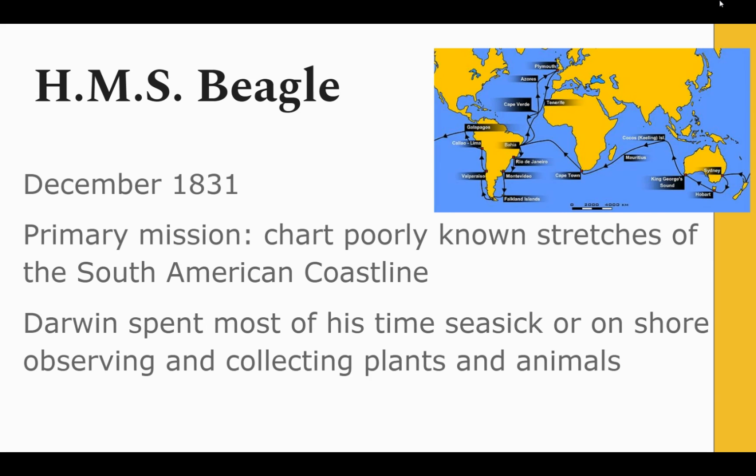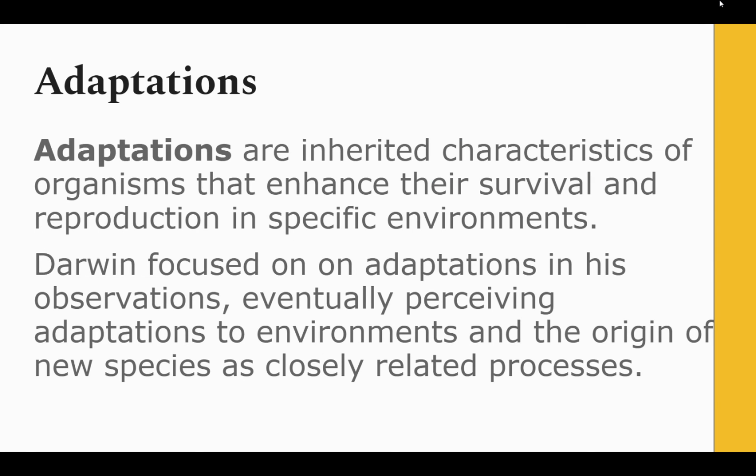All right. So, his main focus, or one of the main things he observed in these trips, was adaptations. Adaptations are inherited characteristics. That inherited is our key phrase here and will continue to be a key phrase. As we get farther into this, I will keep bringing genetics back into it.